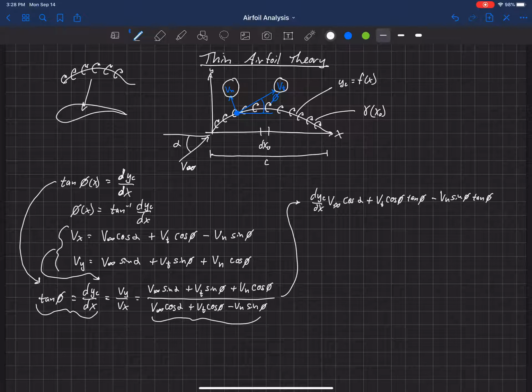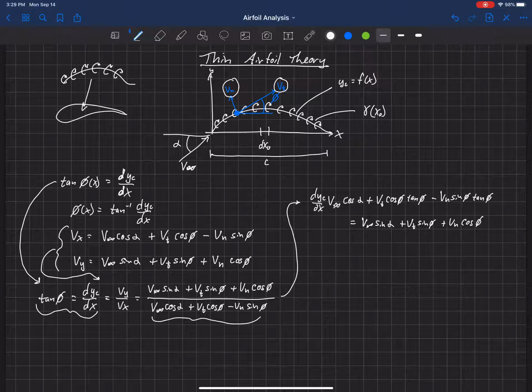Okay, so that's my left-hand side now, and that all is equal to the stuff on the right-hand side, which is V infinity sine alpha plus Vt sine of phi plus Vn cosine of phi.